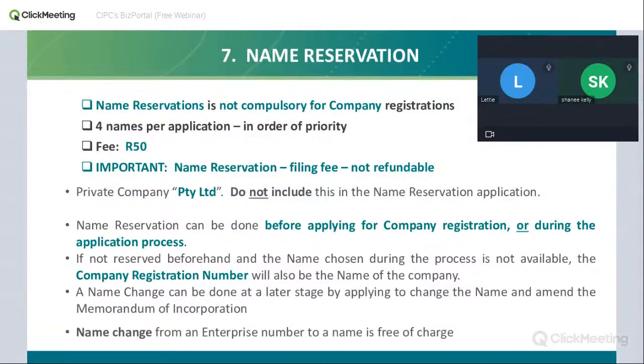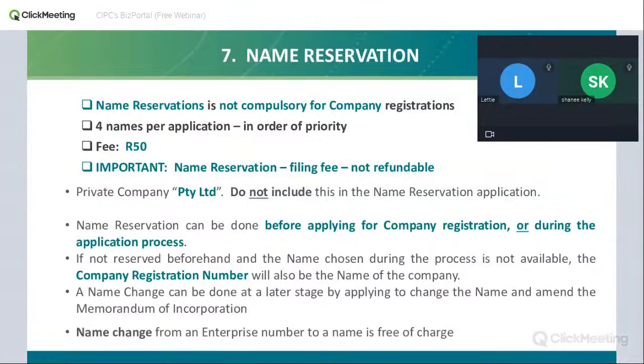Private companies, that is your PTY Ltd, do not need to include this in their name reservation application. This means if you do your name reservation, just add the name of the company you prefer. You do not need to add PTY Ltd.